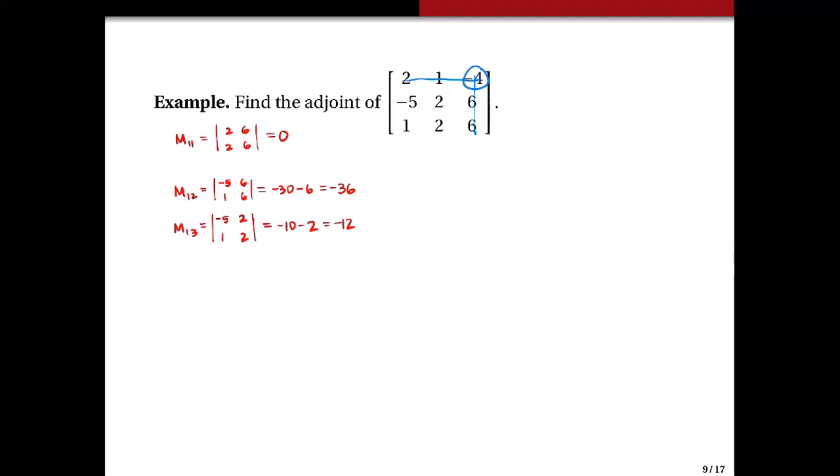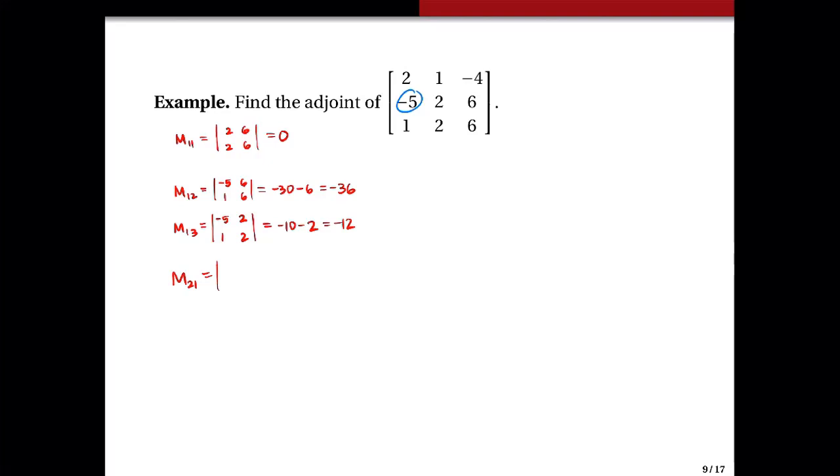While I'm writing all the other minors, please work at your desk and continue finding the minors of the other entries. For this entry here, we have the minor M21.